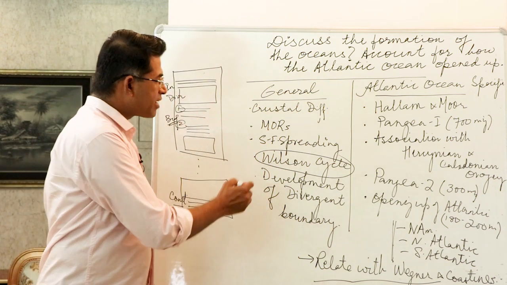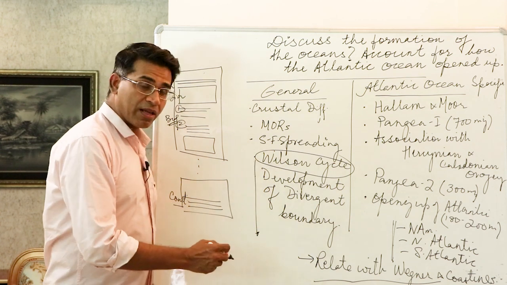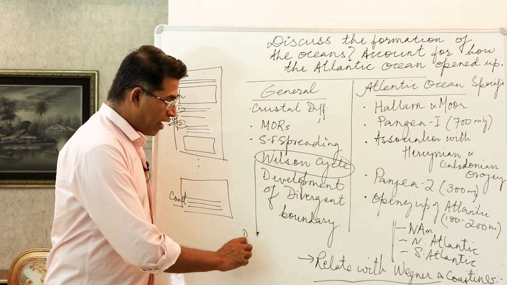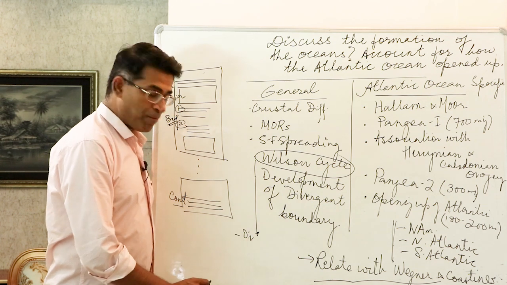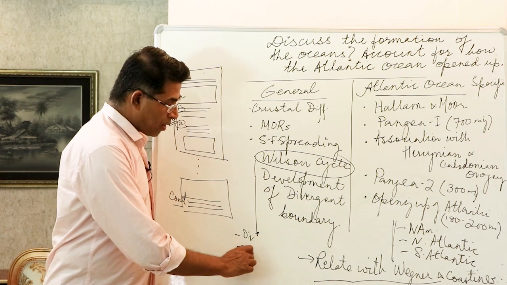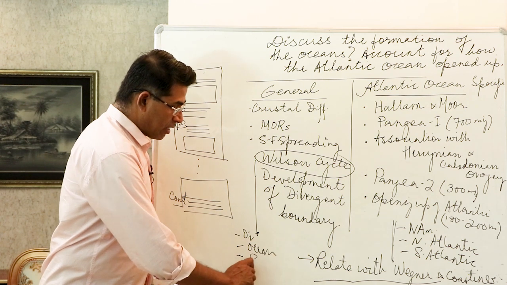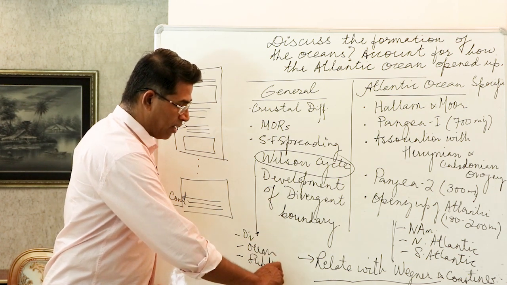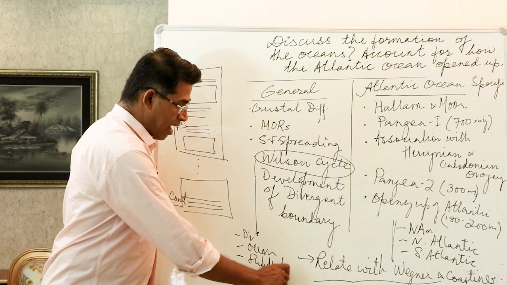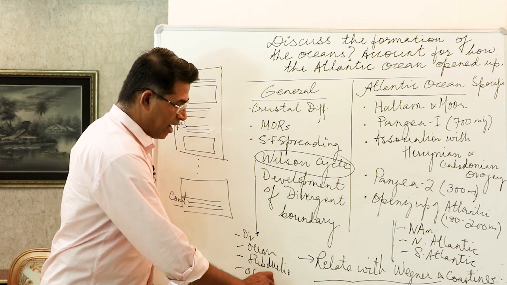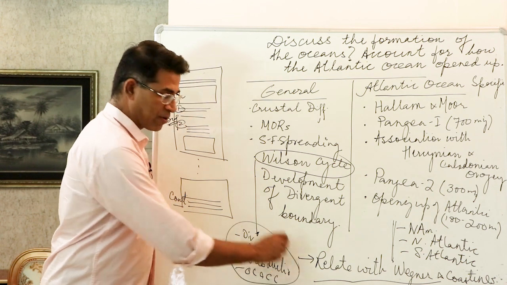It traces the divergent boundary development, the proper ocean formation, subduction margin development, and ultimately OC and CC types of collisions.